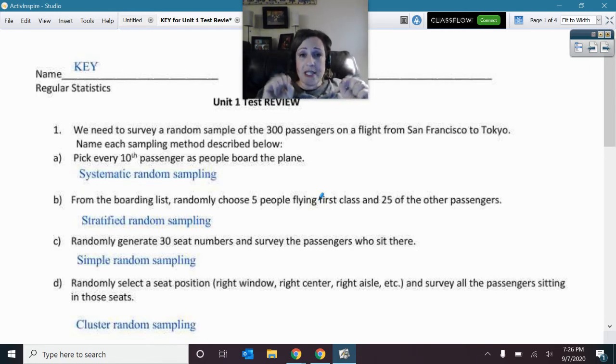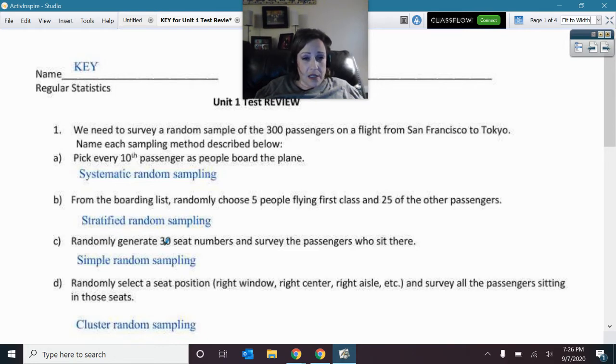So what happened was they grouped by the type of passengers, first class and other. Now, when you do that, you don't have to select the same amount from each class. Here, first class is a smaller amount of people in it, so they just selected 5 of those, and then 25 from the whole rest of the plane.